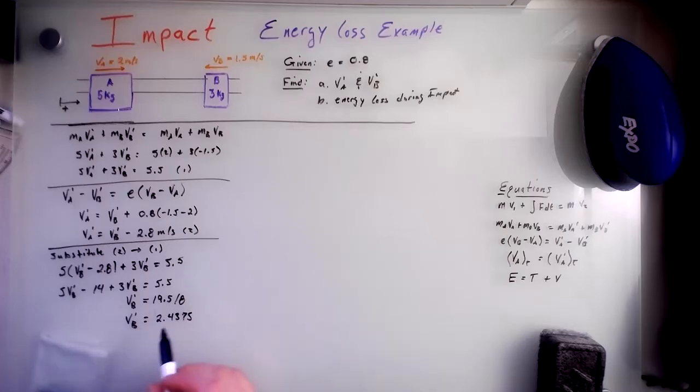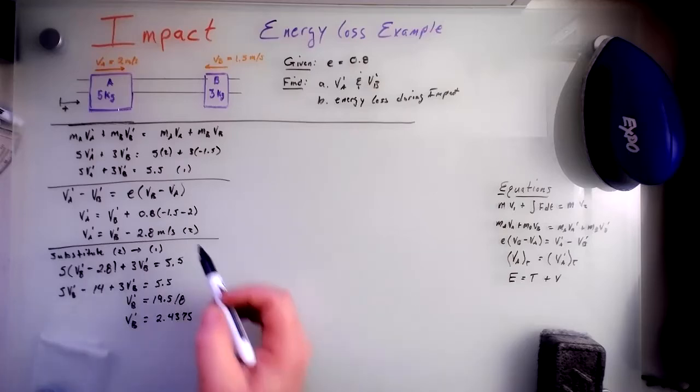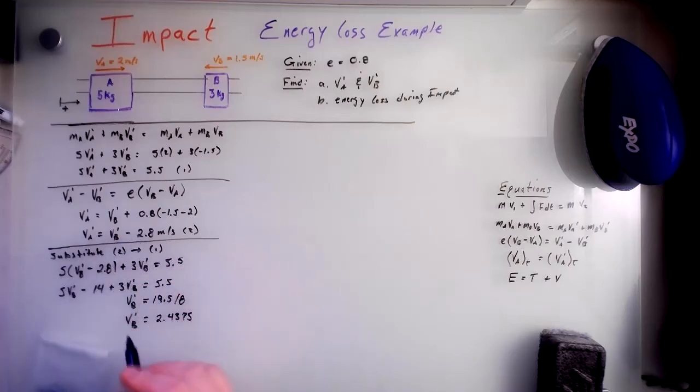Then we can substitute this 2.4375 in, and that gives us VA prime equal to negative 0.3625. Both of these are meters per second.